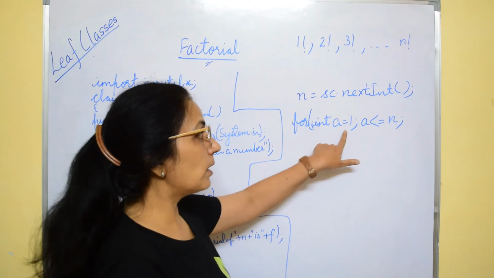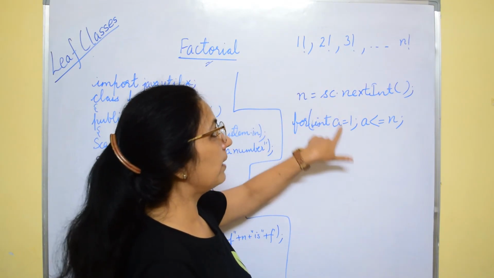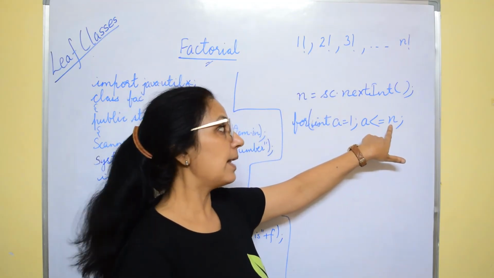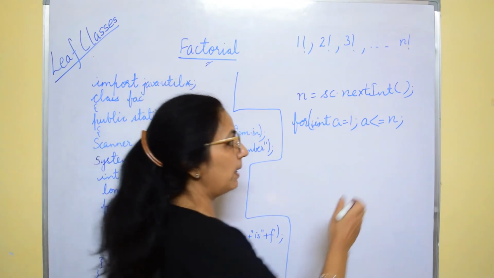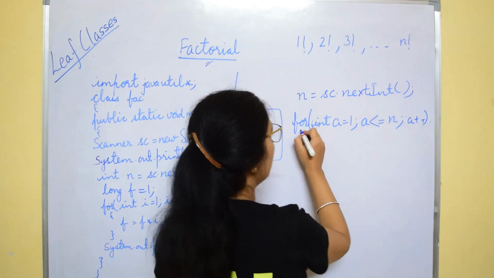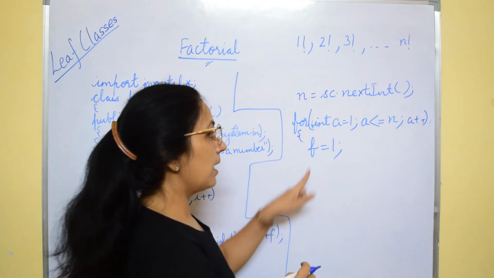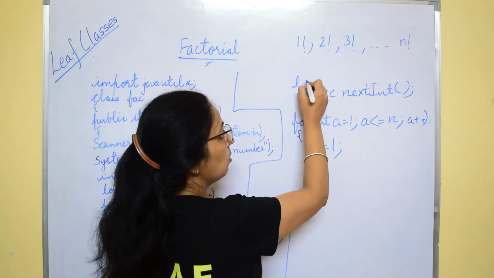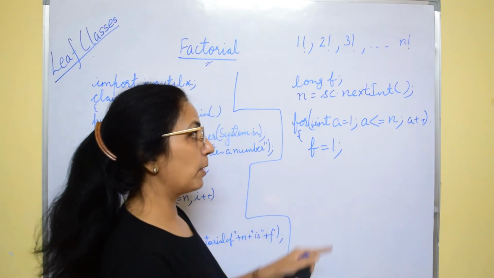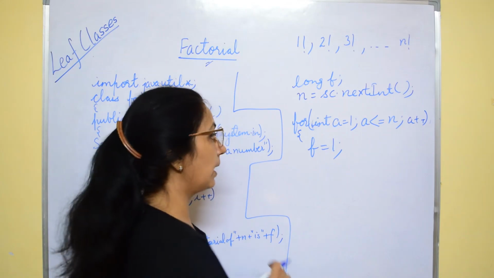This is the outer loop in which first we'll calculate the factorial of 1, then factorial of 2, then factorial of 3, and in the end the last value, factorial of n, will be calculated. a plus plus, and then every time we come here we'll initialize the value of f by 1, because for every number the multiplication should start from the beginning.